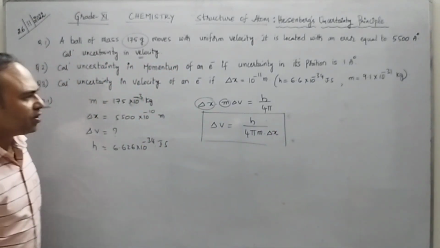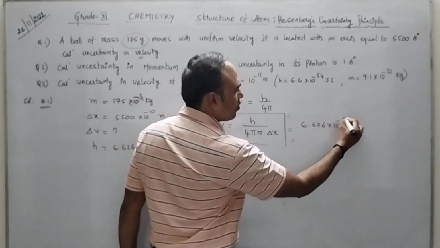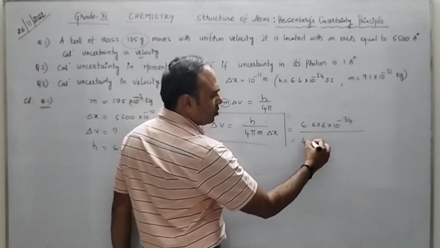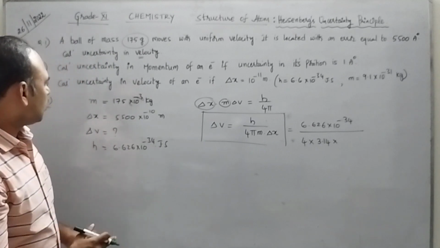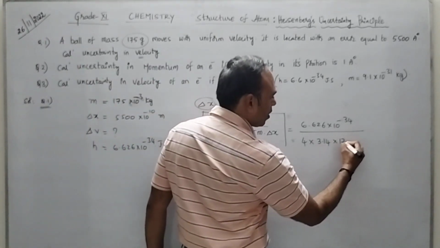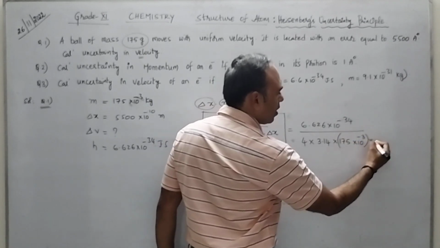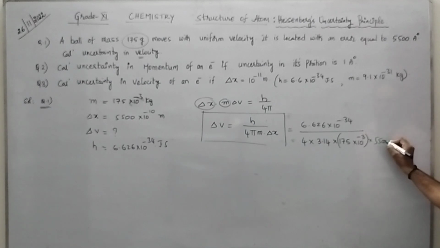Next, substitute the values here: h value 6.626 into 10 to the power of minus 34 divided by 4 into pi value 3.14 into mass 175 into 10 to the power of minus 3, and finally delta x is 5500 into 10 to the power of minus 10. You can also do one thing, this we can take as into 10 square.